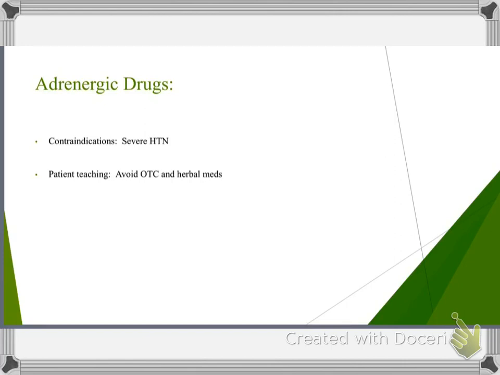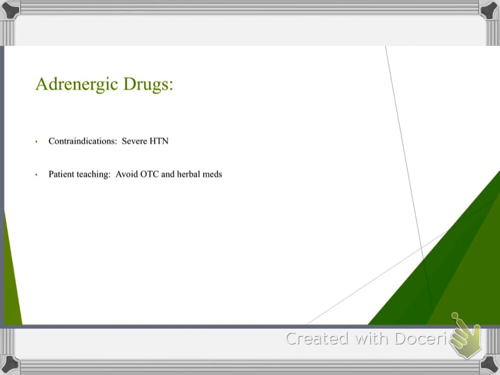When we're talking about adrenergic drugs, contraindications would be severe hypertension, right? Because stimulation of the adrenergic system causes hypertension anyway. So if we already have hypertension and then we give a medication that causes more hypertension, we're going to cause some serious problems, right?